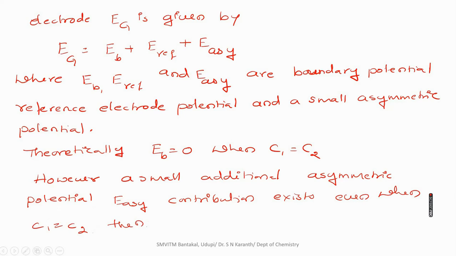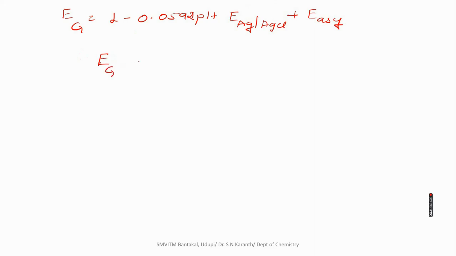Thus we can write the glass electrode potential is the sum of three terms, and you know EB value. So I may represent EG equal to L minus 0.0592 pH plus E silver electrode potential. Reference electrode, here we use a silver electrode, so plus E Ag/AgCl electrode plus E asymmetry. And we may represent the glass electrode potential like EG equal to E naught G minus 0.0591 pH.